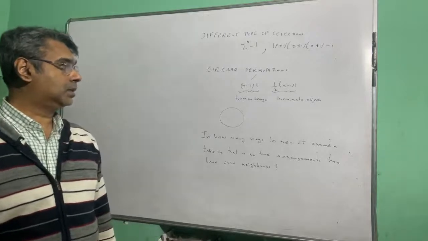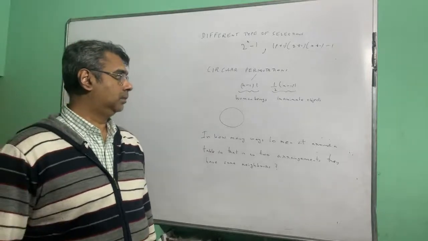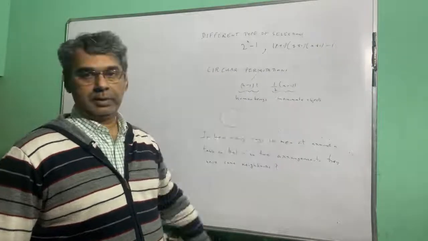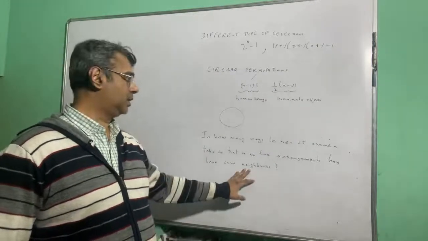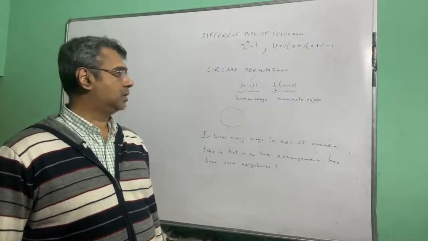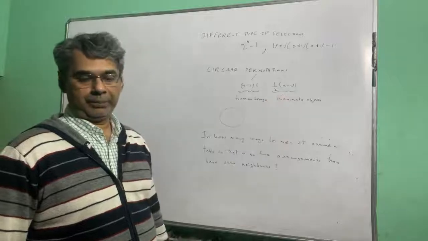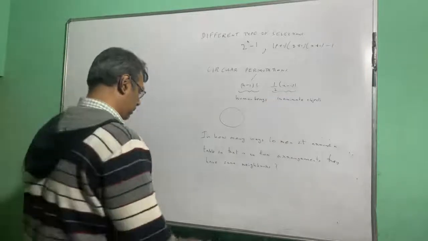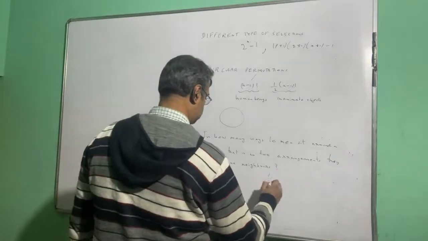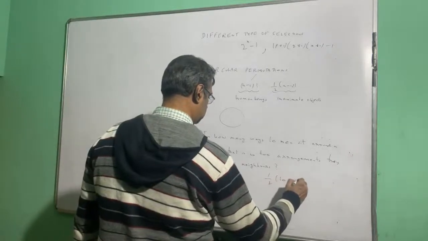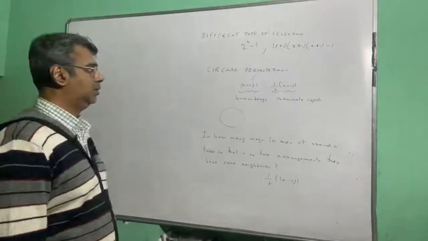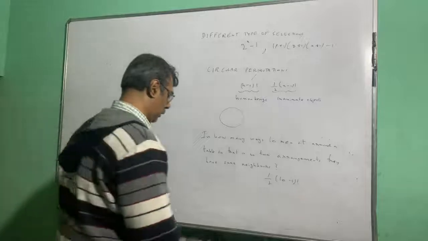That means clockwise and anti-clockwise both will have to be considered the same. So then this formula will be used. So the answer of this question will be half of 10 minus 1 factorial, because clockwise and anti-clockwise will be the same. So this will be the answer.